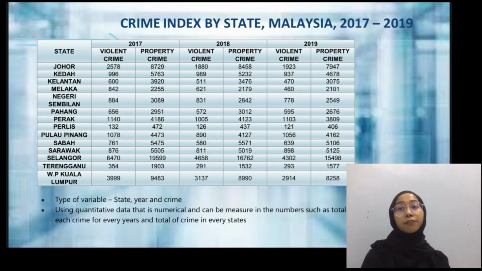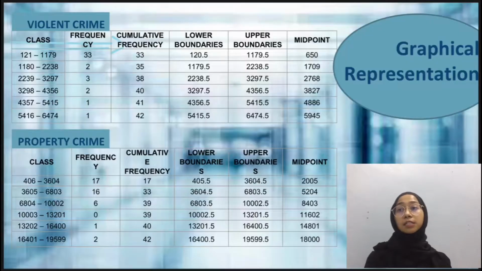This is the table of crime index for 2017 and 2019, where the variables that we are using are date, years, and crime. This table also uses quantitative data, that is numerical. Next is graphical representation.